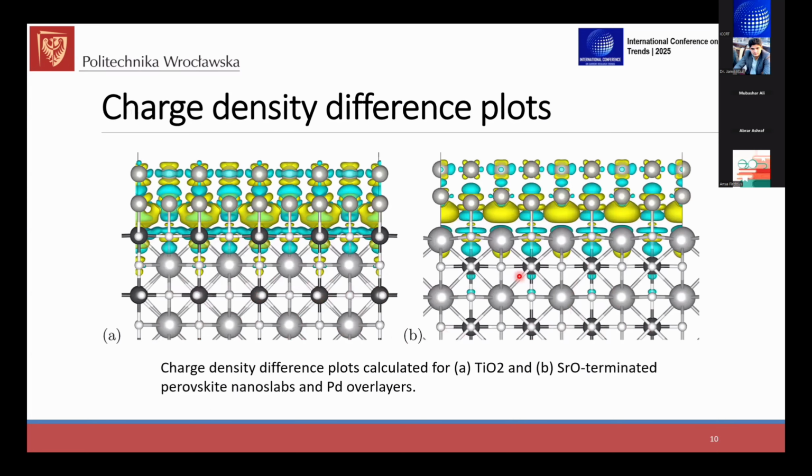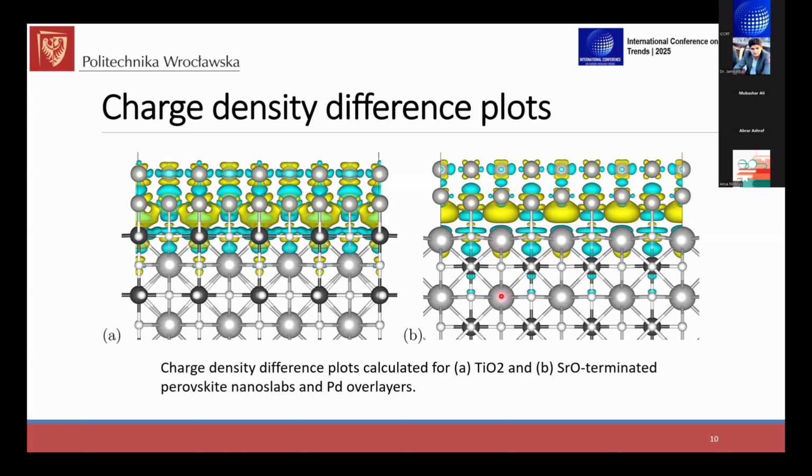So this is the charge density difference. This is a comparison between TiO2 and SrO systems. These yellow colors show the charge accumulation, and the blue color shows the depletion of charges. We can see here that in the TiO2 system there is an accumulation of charges along the palladium atoms as compared to the SrO based system.